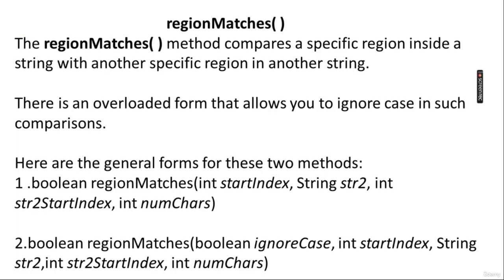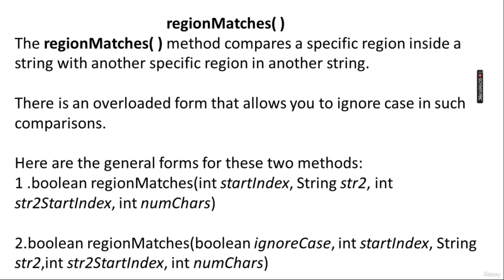regionMatches. The regionMatches method compares a specific region inside a string with another specific region in another string. There is an overloaded form that allows you to ignore case in such comparison. Boolean regionMatches(int startIndex, String str2, int str2StartIndex, int numChars). So whatever string we pass dot regionMatches and start index, from that start index to the end, it will take one region, that is one substring will be fetched from the first string.